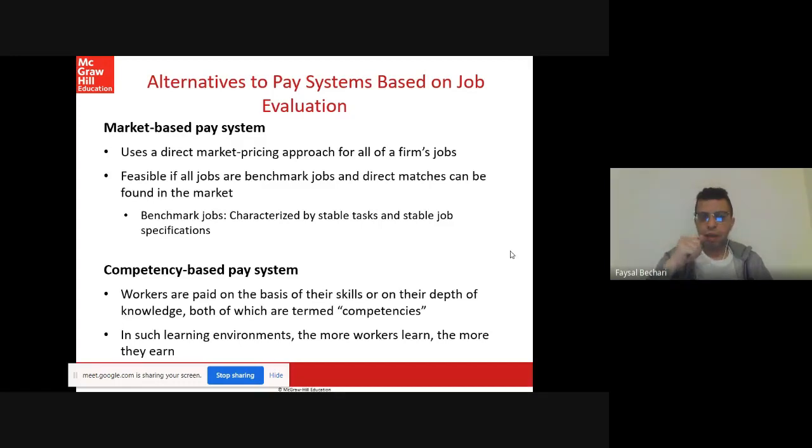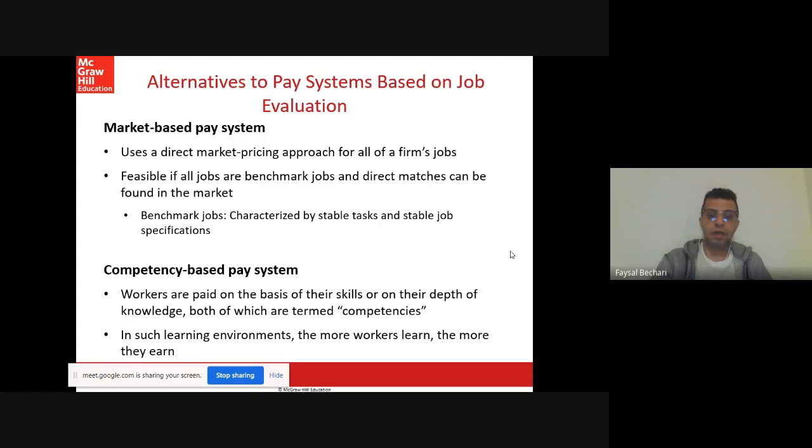And then you have competency-based pay, in which workers are paid on the basis of their skills or their depth of knowledge, both of which are termed competencies. So the more he knows, the better he gets.